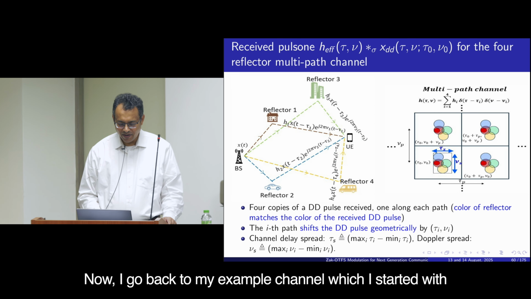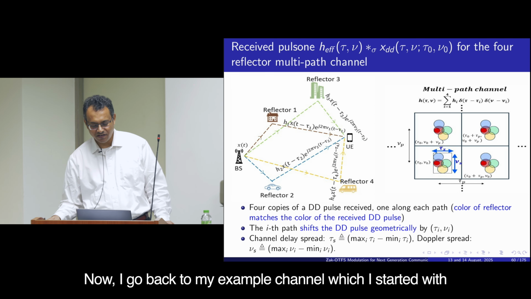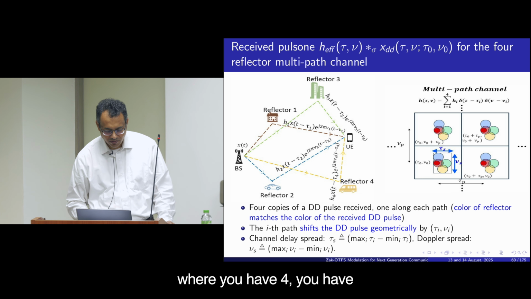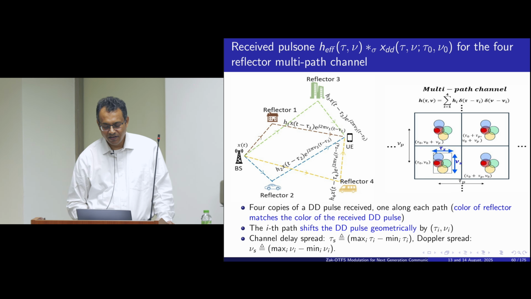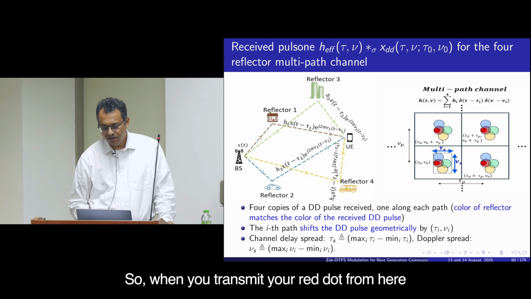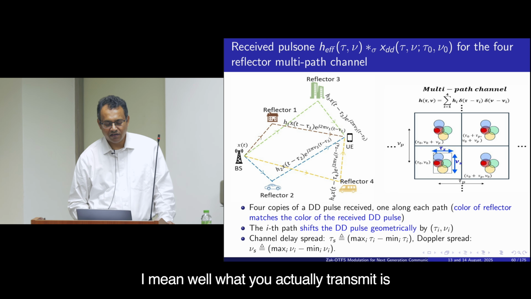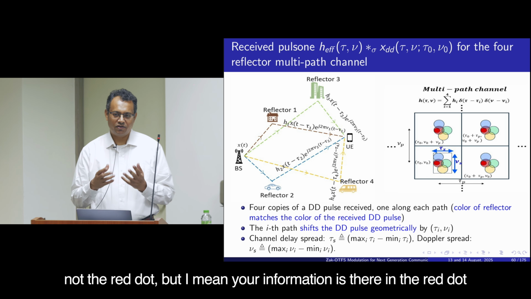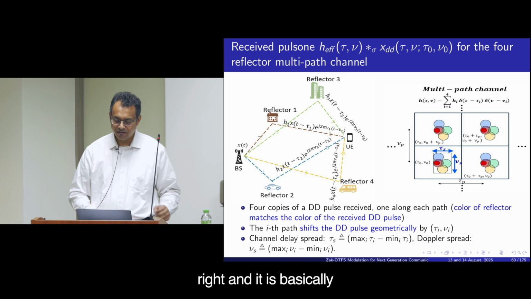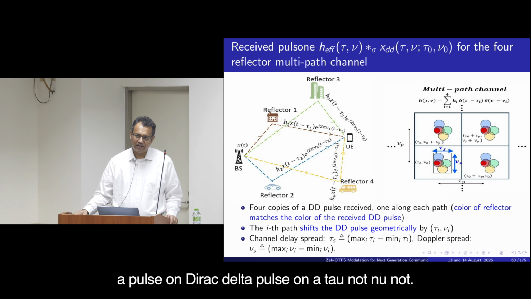Now I go back to my example channel which I started with, where you have brown, green, yellow and blue, right? So when you transmit your red dot from here, well, what you actually transmit is not the red dot, but your information is there in the red dot, right? And it's basically a Dirac delta pulse on at tau naught, nu naught.